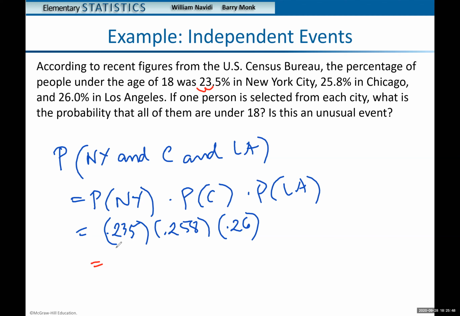And if you multiply all this, it is equal to 0.0158.